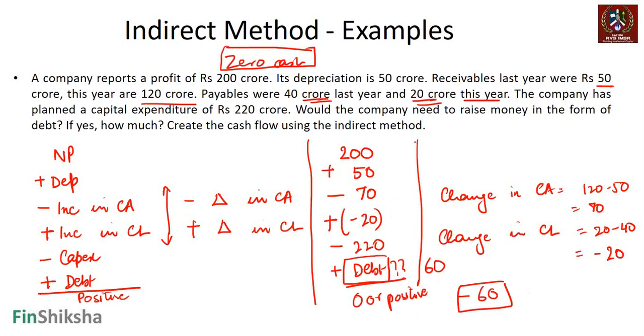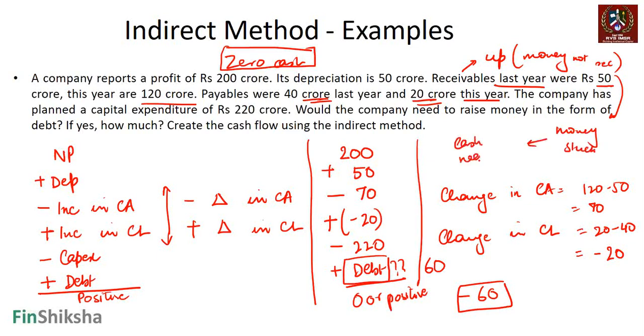We'll do this again in a moment, but let's first look at the change in current assets. Receivables went up, which means money not received, which means money stuck, which means it is cash negative. This money did not come in, so you subtract it, right? Payables went down, which means more money paid.